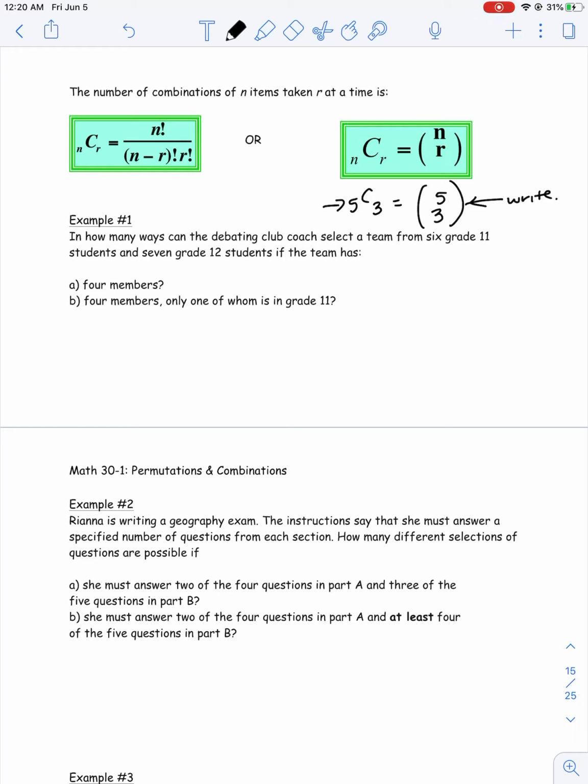Example number 1, in how many ways can a debating club coach select a team from 6 grade 11 students and 7 grade 12 students if the team has 4 members? So as you can see, this is not trying to place them into certain spots. That's why order does not matter here.